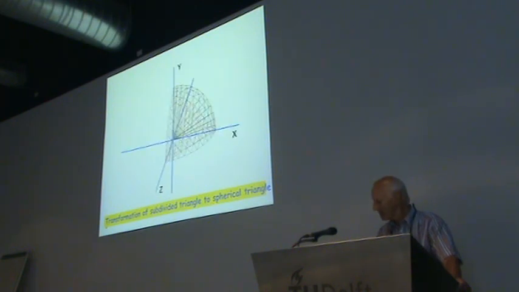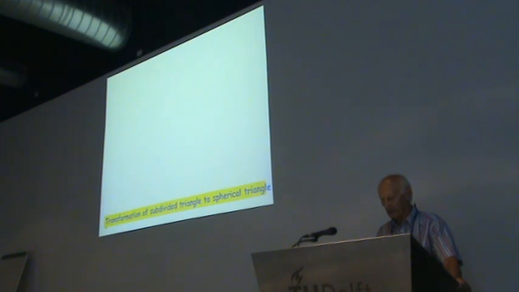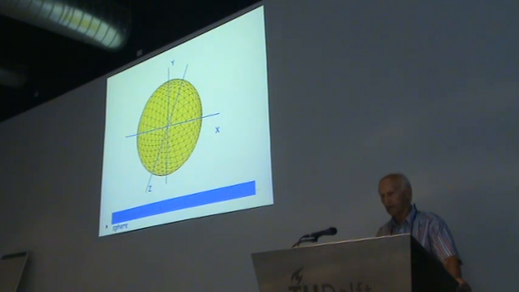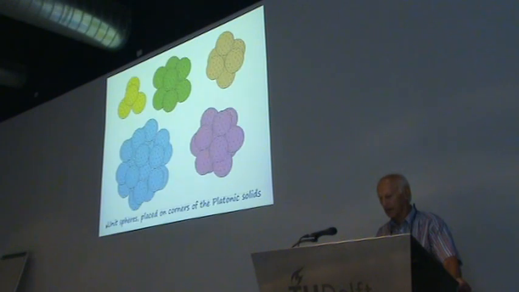And this is what it looks like if you project it upon the sphere. Well, this is what you get when you do the same trick with the octahedron. And this is what it looks like when you make it three-dimensional and spherical.